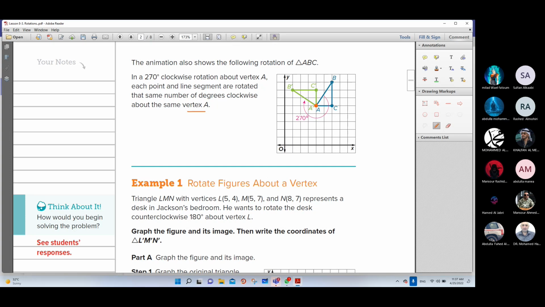This is the side AB, and we want to rotate AB about the center 270 degrees. You will get A prime, B prime.